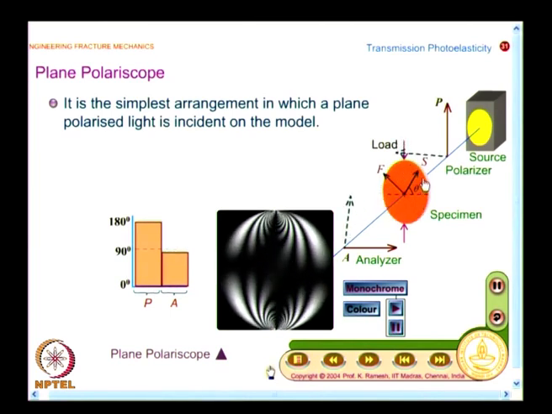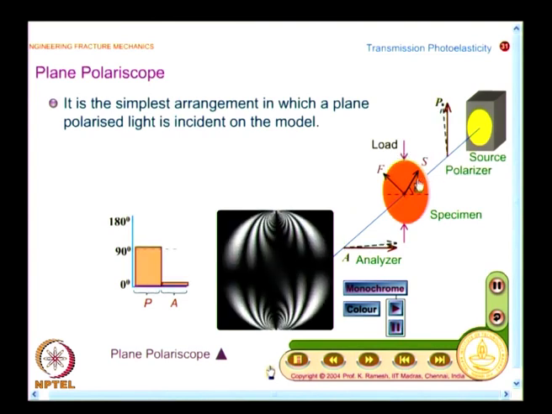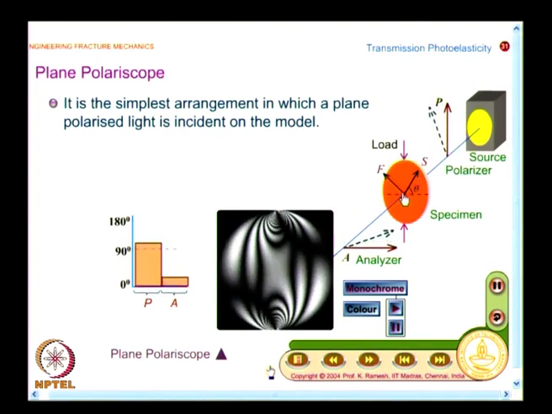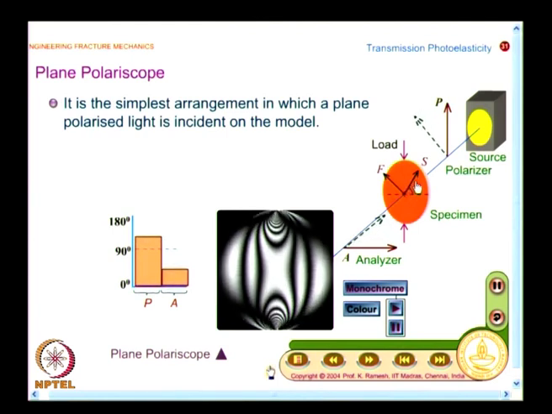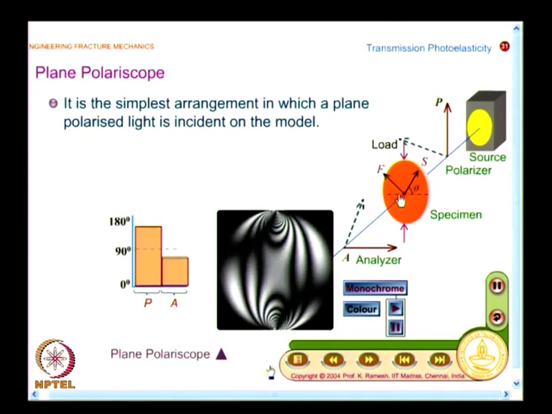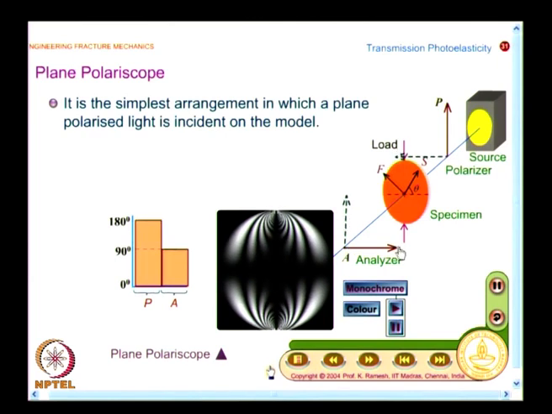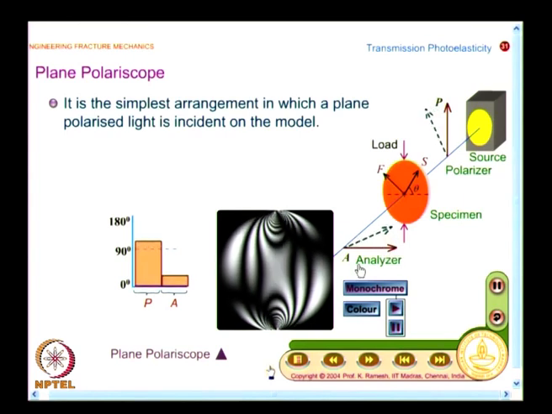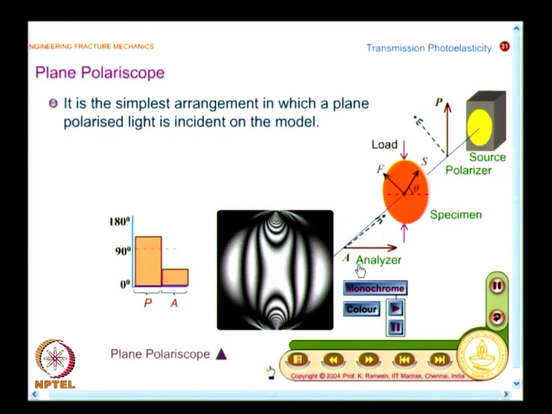When it hits the model, we look at the entry plane and exit plane. On the exit plane, the model introduces a retardation which is indicative of the stresses developed at the point of interest. Then the light that comes out is analyzed using the analyzer, and we found the light transmitted by the analyzer, which was a function of delta as well as theta. In this case you had only simple optical elements, a polarizer, model and an analyzer, so trigonometric resolution was sufficient and convenient.